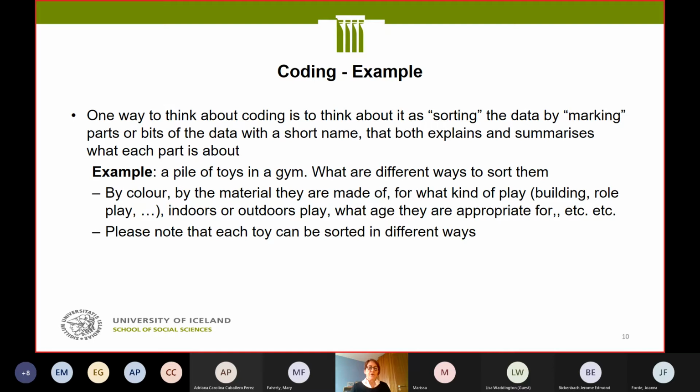You can sort the toys by color, red and green and blue or whatever, or by the material they're made of: plastic, wood, metal. Or you can sort them based on what kind of play they support, like: are these for building things? Is this for role play, or what kind?